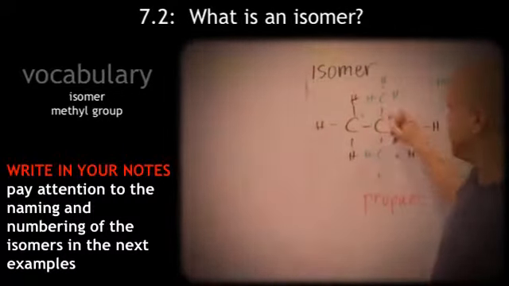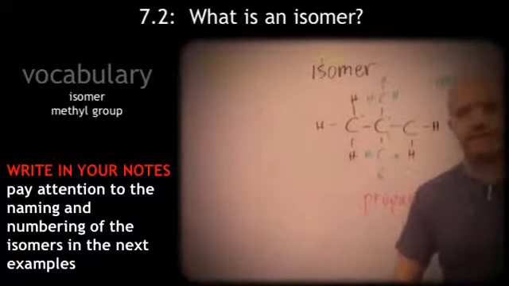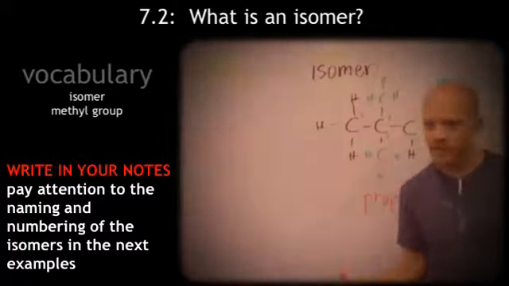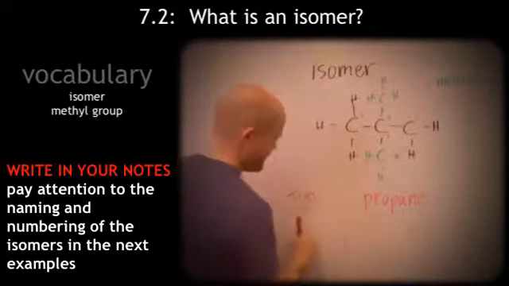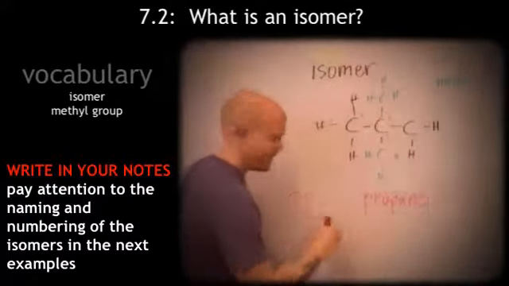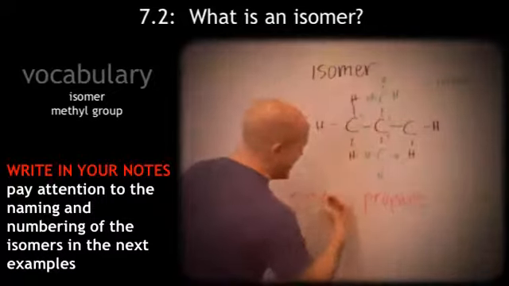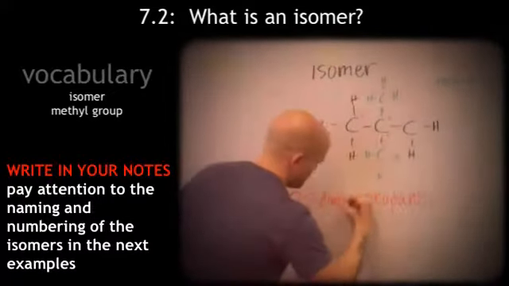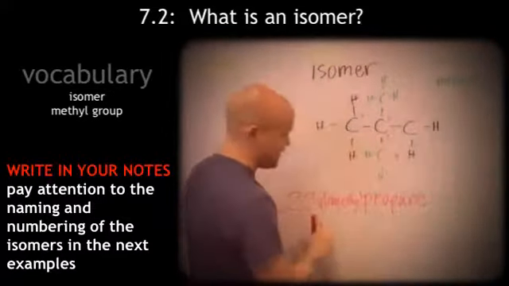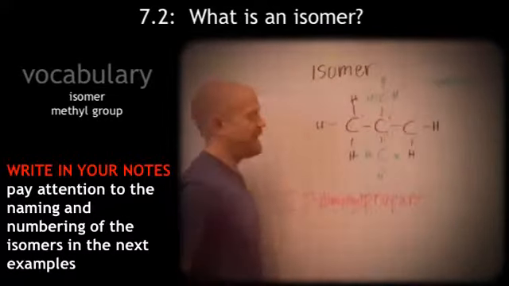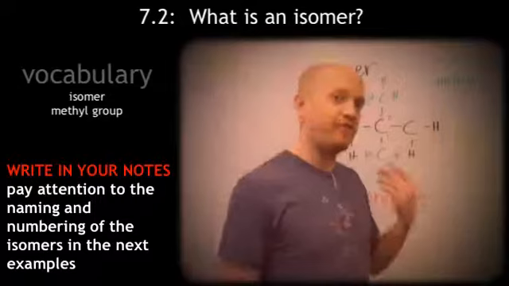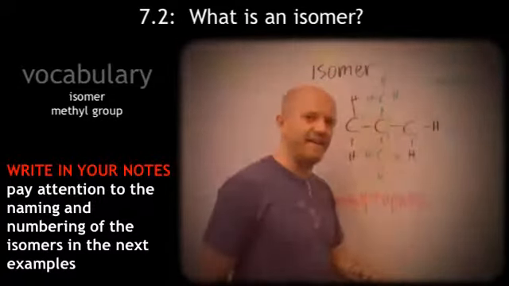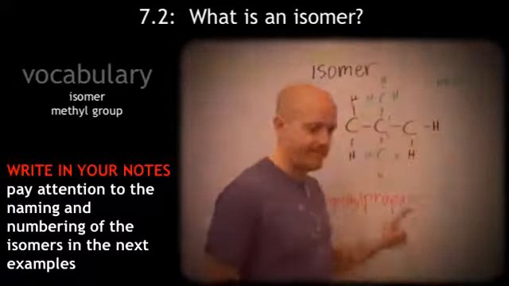This one's on carbon 2, and this one's on carbon 2. So instead of saying 2, we're going to write 2,2, because it's on carbon 2 and carbon 2, and then it's going to be dimethyl: 2,2-dimethylpropane. If for any reason you have 3, it's going to be 3 numbers and a tri, and you're not going to find anything on the Regents that has more than 3.